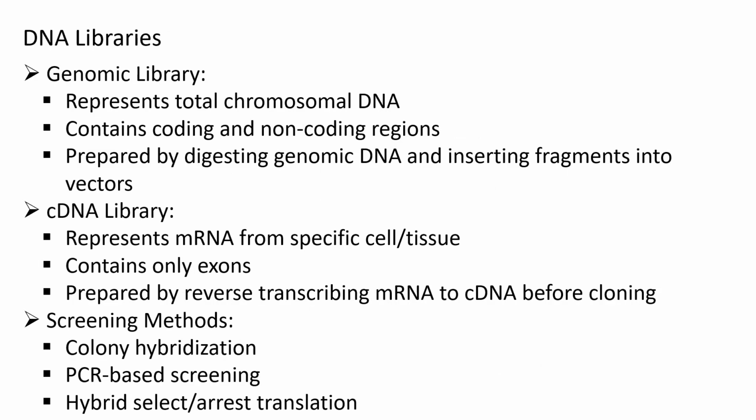Then you have the cDNA library, which represents mRNA from a specific cell or tissue. It contains only exons and is prepared by reverse transcribing mRNA to cDNA before cloning. We also have some screening methods: colony hybridization, PCR based screening, and hybrid selection.